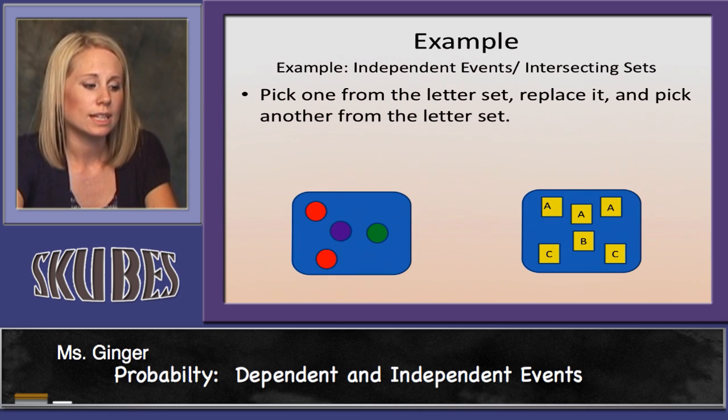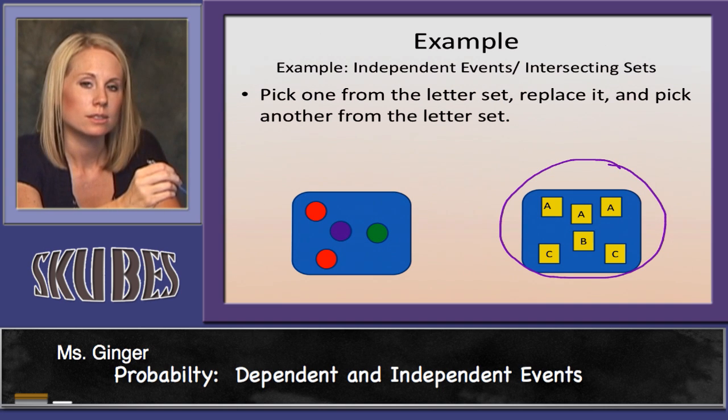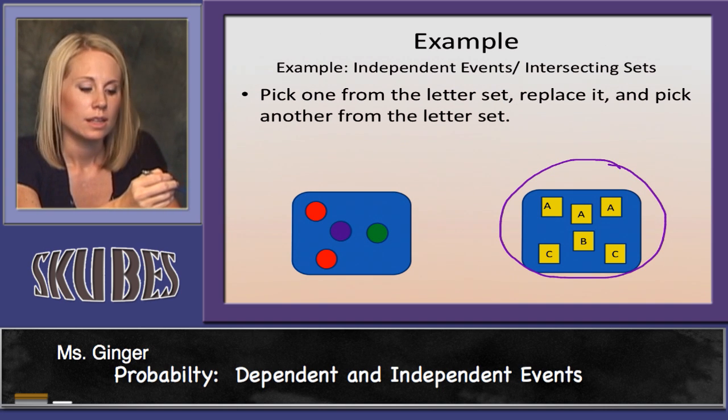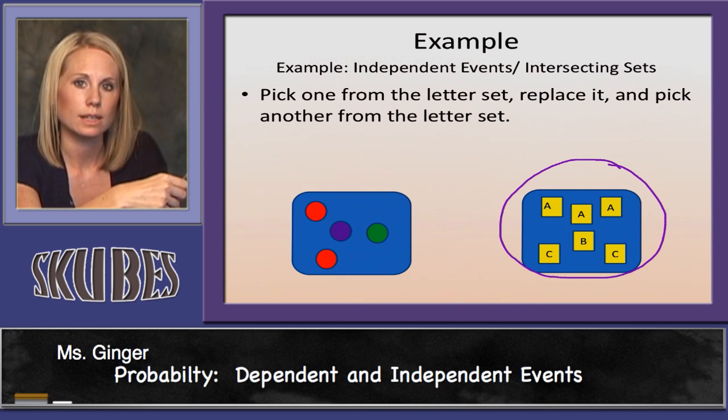Now let's talk about independent events from intersecting sets. So we're going to take a look at doing 2 draws from the same set. So that's why they're intersecting. They will have all of the same items for the first draw and the second.